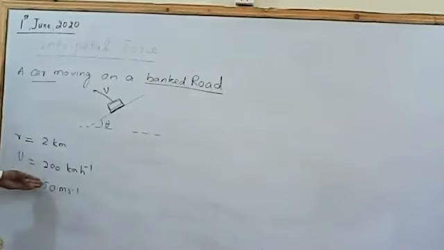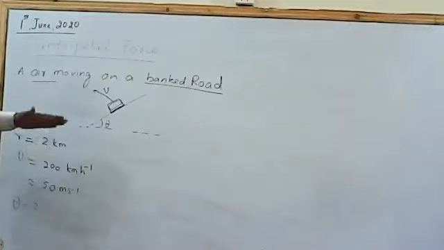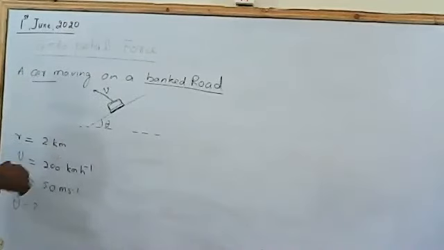Speeds are in this range, 50 or even 60 or 70 meters per second. That means it approaches 250 kilometers per hour in some cases. What should be the inclination involved? Let's say this is the question we need to address. What should be the inclination of the angle so that the car comfortably moves without skidding off the road?